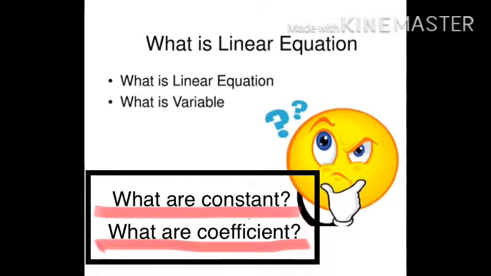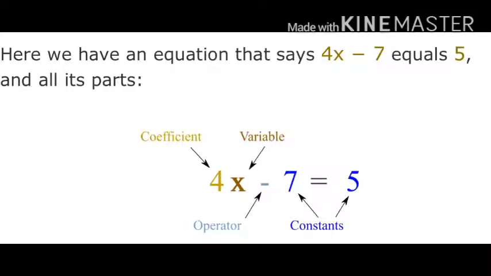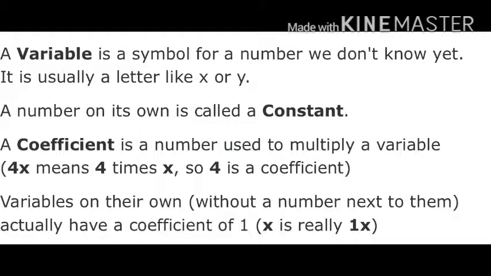We have to think about two more questions here. What are constants and what are coefficients? Here we have an equation that says 4x minus 7 equals 5, and all its parts. Now the 4 is a coefficient, x is a variable, 7 and 5 are constants, and this equals sign becomes the equate operator. A variable is a symbol for a number we do not know yet.